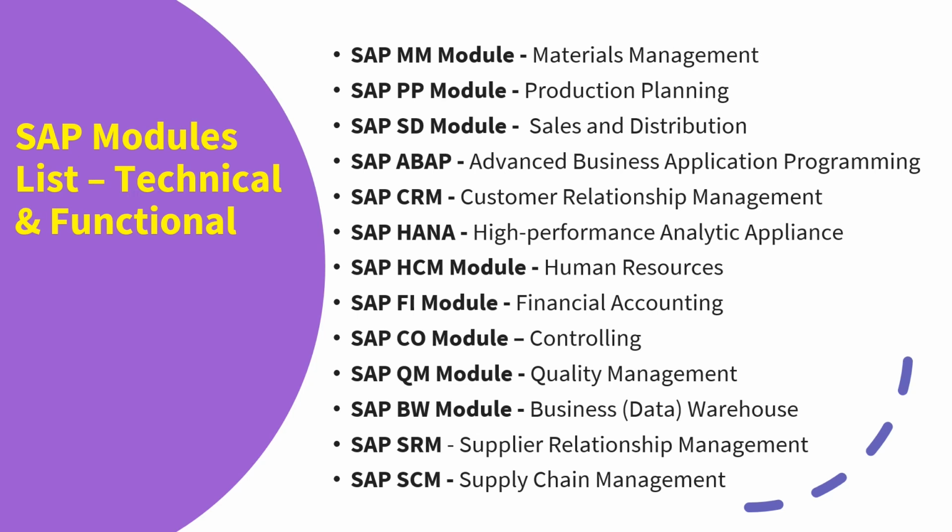You can see MM module for material management, PP module for production planning, SD module for sales and distribution, ABAP for advanced business application programming, CRM for customer relationship management, HANA for high performance analytic appliance, HCM module for human resource, FI module for financial accounting, CO module for controlling, QM module for quality management, BW module for business warehouse, SRM module for supplier relationship management, SCM module for supply chain management.